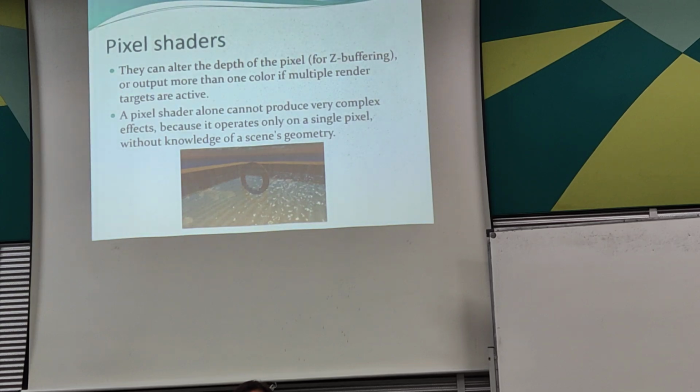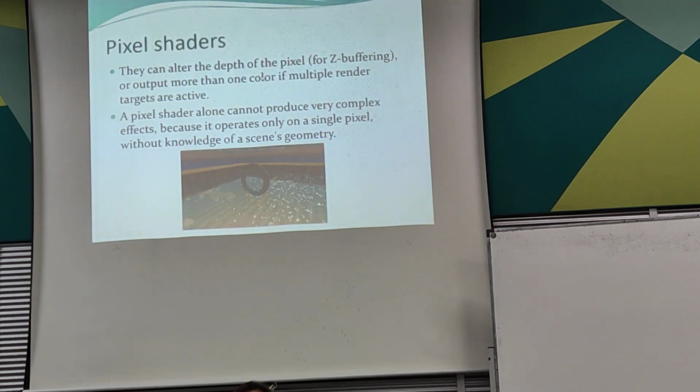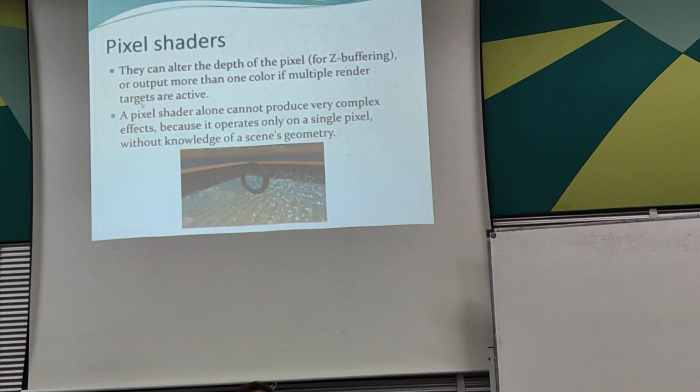Not only do you calculate what color this pixel is going to be. It means multiple, that is the meaning of more than one color if multiple render targets are active.